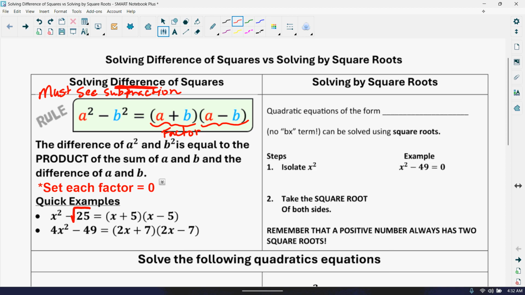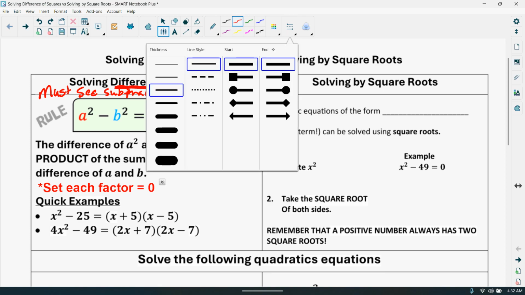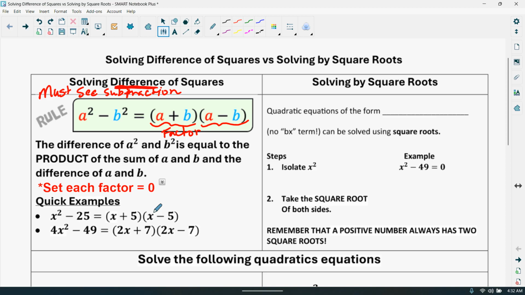Okay, so we know the difference of squares here comes out to these two factors, x plus 5 and x minus 5. When we set each one equal to 0, you're going to separate these into two possible solutions. The first one, I probably should do my arrow.